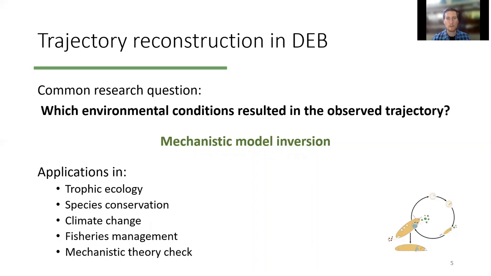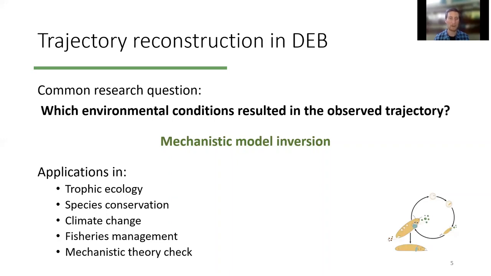And so in DEB research, trajectory reconstruction is the use of a signal that we have, and using that signal to reconstruct some variables that impacted the physiology of the organism and that resulted in the signal we can observe.